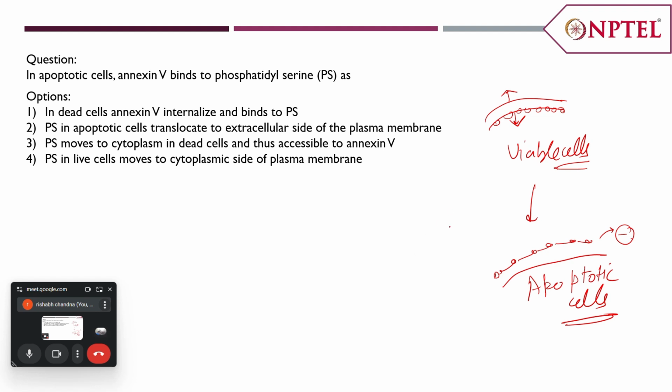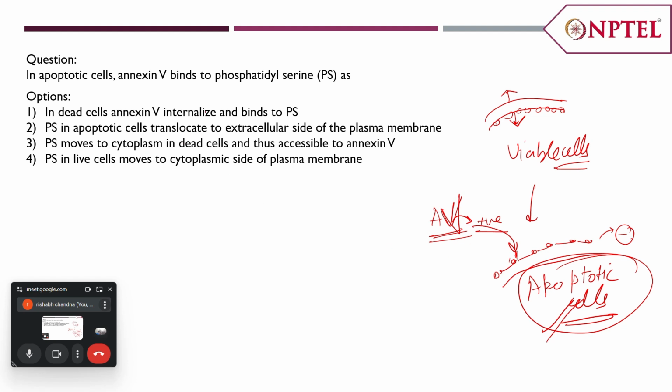So now what happens? The annexin 5 that we are talking about binds to positively charged cations. So the phosphatidylserine that is directed towards the extracytoplasmic side binds to this annexin 5. Okay. So this is specifically in case of the apoptotic cells only. Okay. So this is the case with the annexin 5 molecule.